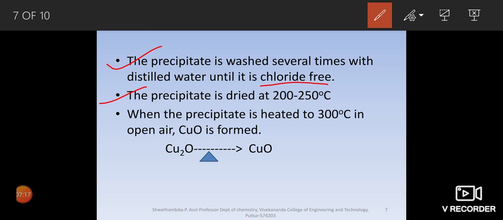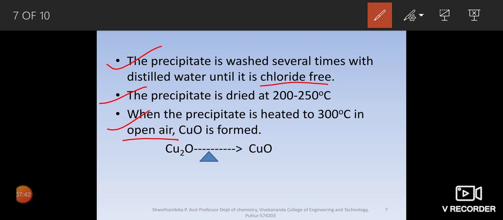This is any oven drying we can go for, so that any moisture content, if present in the precipitate, would be evaporated. Further, the precipitate must be heated to 300 degrees Celsius, that is plus 50 degrees Celsius, in open air. That's the difference, and we are going to get CuO nanoparticles.